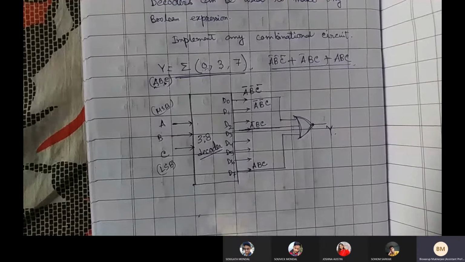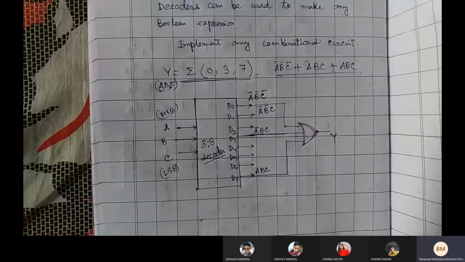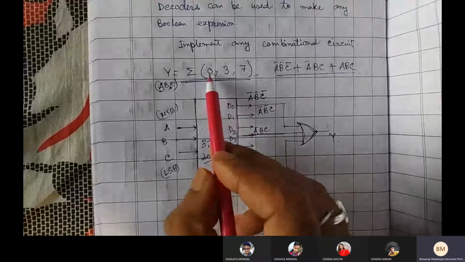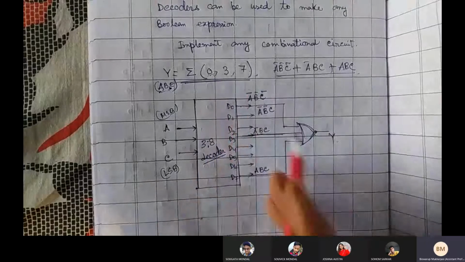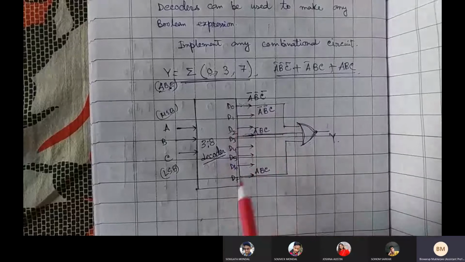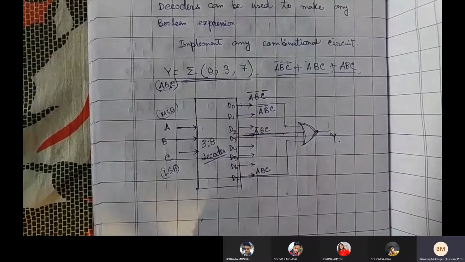So what you need to do is, whenever you are asked to make a design using a decoder, make sure you know the min terms for which the outputs are high. Bring those min terms out from your decoder output and make one OR operation. As simple as that. You don't have to do anything else. Okay.